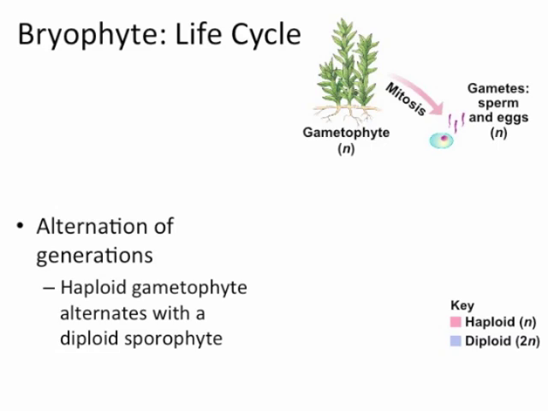So what happens, the gametophyte, the green part of the moss, when it's ready to reproduce, it releases gametes. It undergoes mitosis. It doesn't have to go through meiosis to produce a gamete because it's already haploid. So it just produces a gamete, a sperm, and an egg through mitosis. All right.